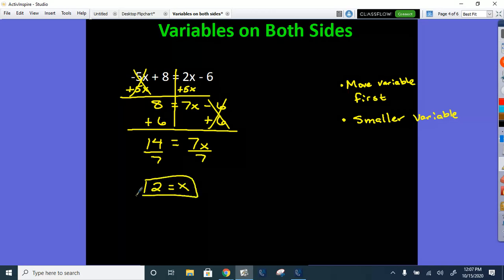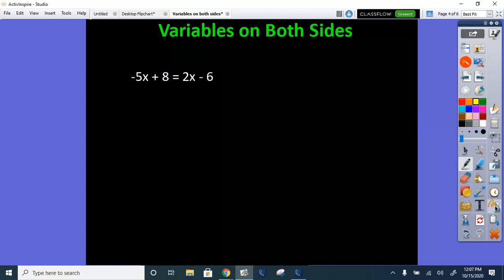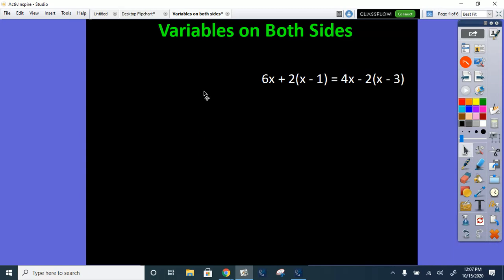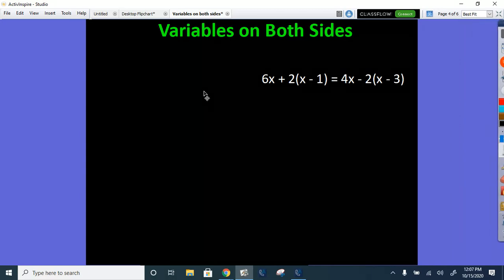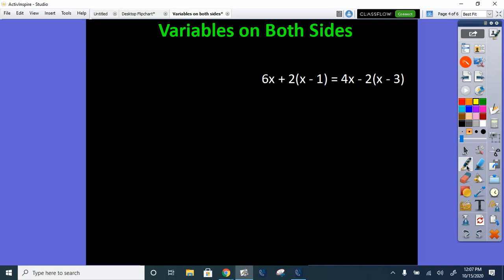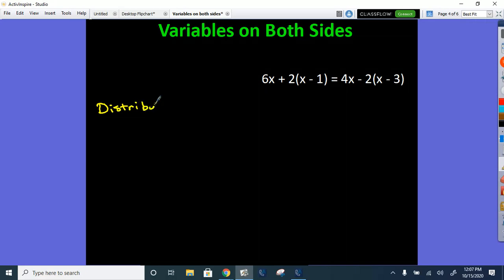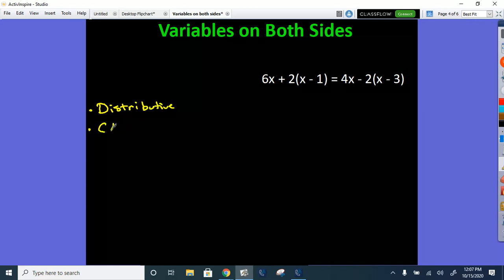Now, let's say we have a more complex version. I'll give you a second example here, and now you're seeing a lot more. Not only do we want to move that variable first, but in this case, we want to first take care of any distributive property and any combining like terms.